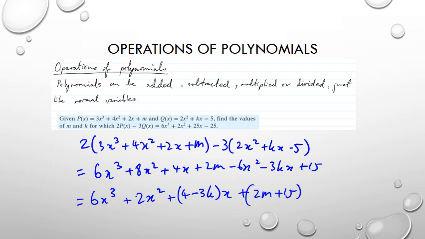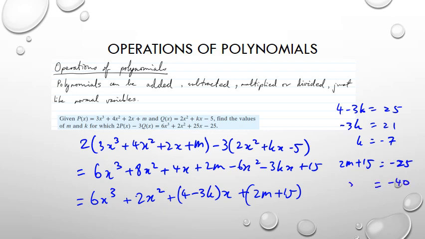So then we know 4 minus 3k is equal to 5, so k is negative 7. Then you have 2m plus 15 equals negative 25, so 2m is negative 20.